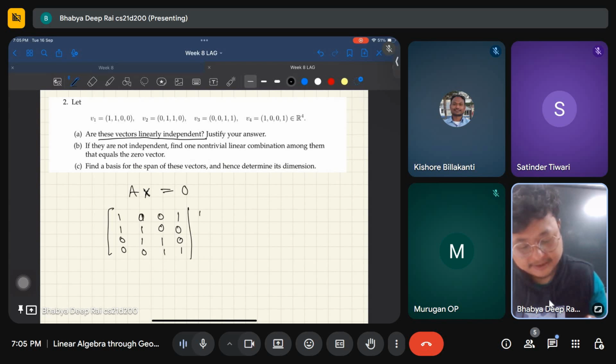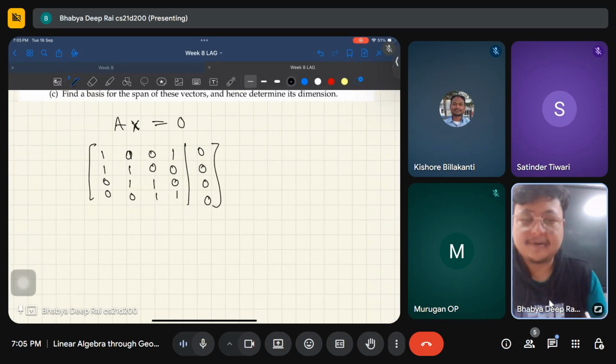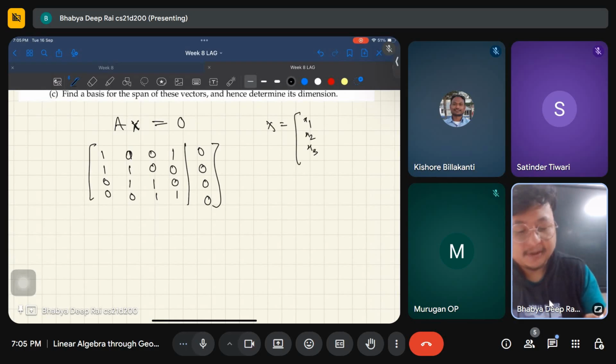You'll take this matrix and augment it, which is called the augmented matrix, and here let's say x is equal to x1 x2 x3 x4.